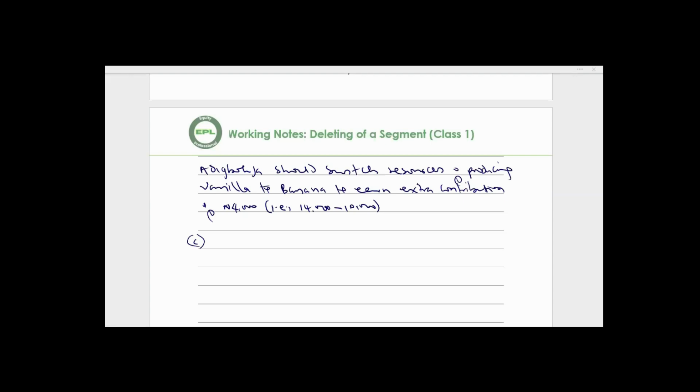If you drop the sale of vanilla and switch resources to producing banana, how would the customer feel? You need to take into consideration customer taste and preference. Some customers prefer the vanilla flavor of the ice cream to banana. So if you are no more producing it, how would the customer feel? You need to consider that.